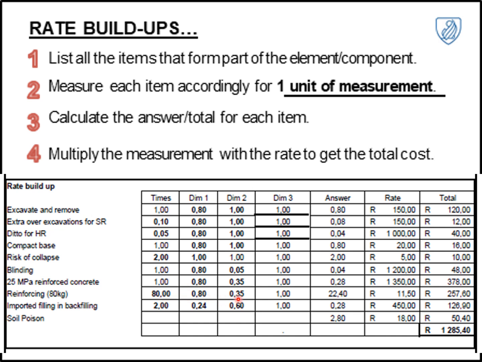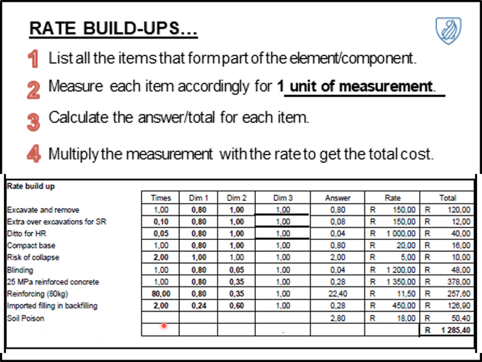So it's 0.8 times 0.35 again to get to our factor that is then times our rate. Imported backfilling: here you can see we've got two sides, on both sides of the brickwork that's measured. So it's 2 times 0.24 on the sides for the measurements, and then the height that's left over that needs to be filled, and so forth.